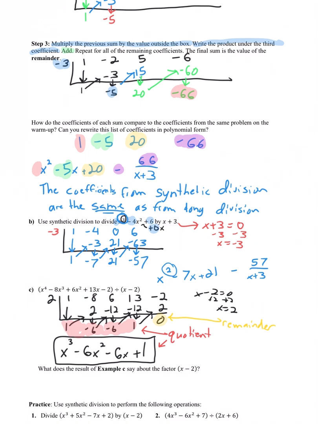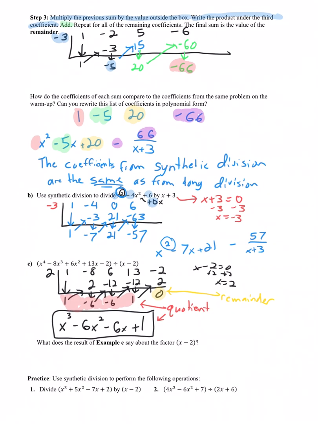Okay. The last question here says, what does the result of example C say about the factor of x minus 2? It actually kind of gives away the answer because it should say, what does it say about the divisor of x minus 2? It should say x minus 2 is a factor of the dividend.